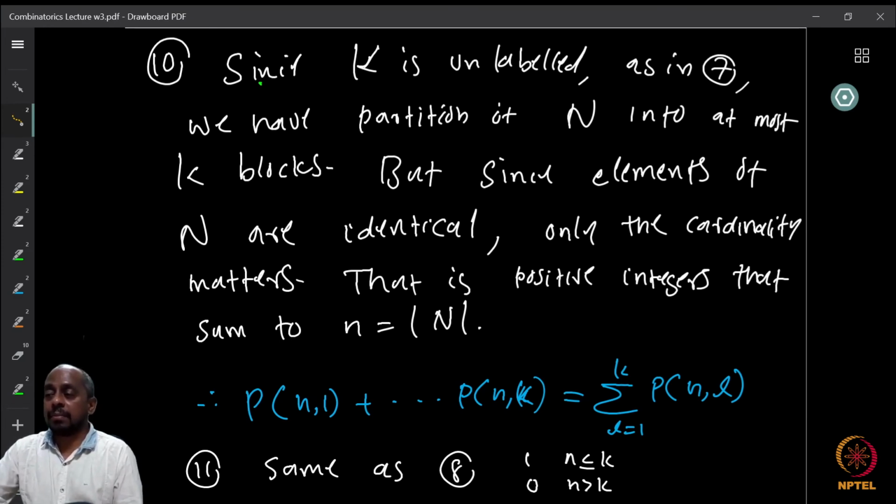That is basically integer partition. So the number of ways of partitioning it, but you can have at most k blocks because the function is arbitrary, and therefore, as in the previous case, we have the summation of p(n, l), where l ranges from 1 to k, where p(n, l) is the number of ways of partitioning n into exactly l blocks. So integer partition.